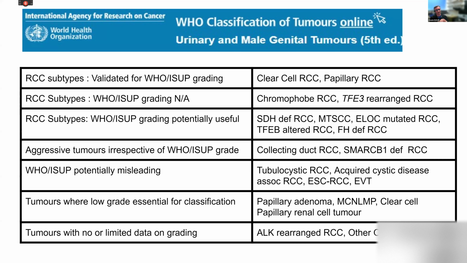Some tumors are clearly high grade from the start, such as collecting duct and medullary, and then some other tumors where it could actually be misleading, where there is a difference between their morphological appearance and the actual behavior. So that's quite an interesting little table from the WHO book.